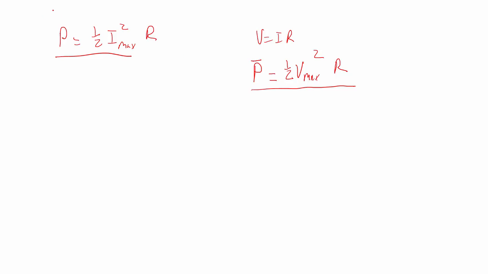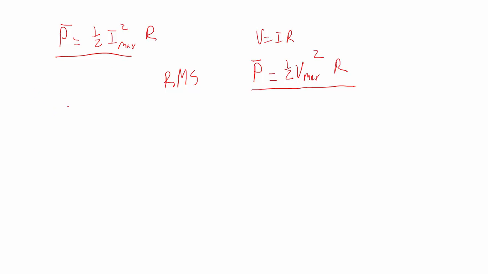These are our average powers, remember. We're going to solve these two equations for voltage and for current. But let's take a look at this. This is average power, and so this is a mean, right? This is the square, and so what we're going to get out of this is what we call RMS, or root mean square. So let's just go ahead and solve this.